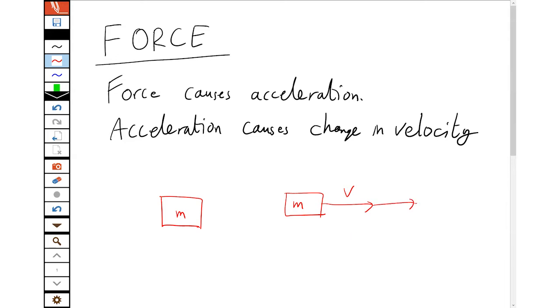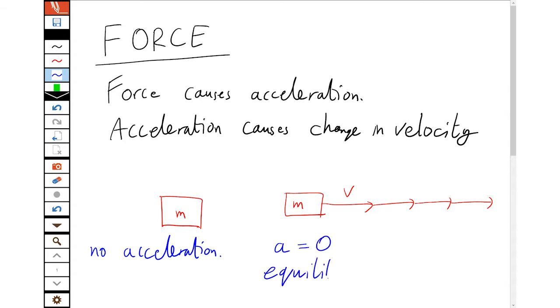It'll just keep going on forever and ever the same with no acceleration. And this concept is Newton's first law. If there's no external force acting on something, then there'll be no acceleration. Its velocity won't change. So the acceleration is zero, and this is very often called equilibrium.